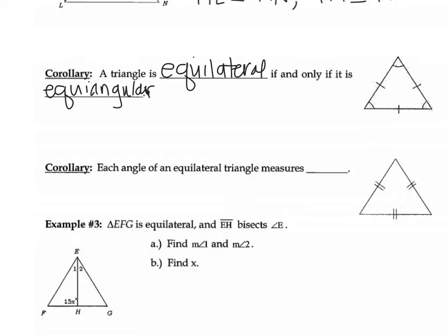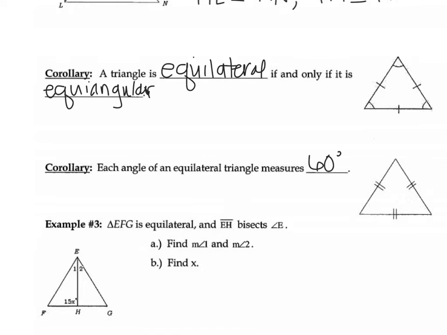And this comes from those two theorems we just talked about, because if I know that two sides are congruent, so its opposite angles are congruent, and I pick another two sides, the opposite angles have to be congruent, so that ends up being all three angles and all three sides being congruent. Another corollary is that each angle of an equilateral triangle measures 60 degrees.